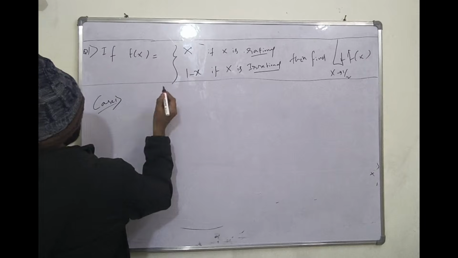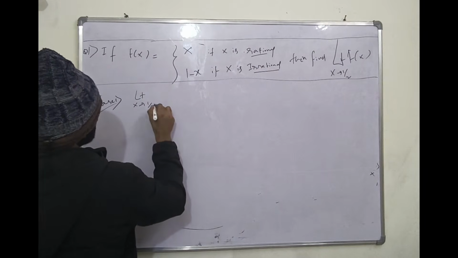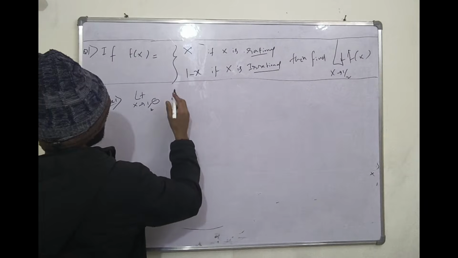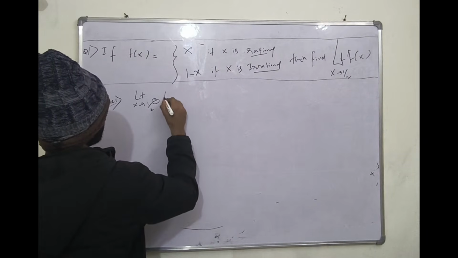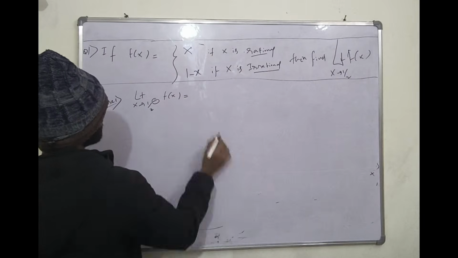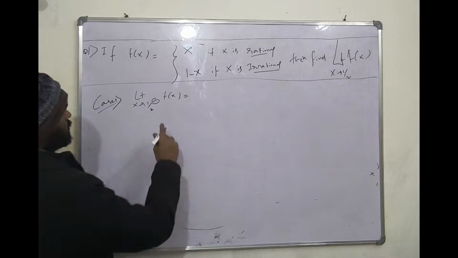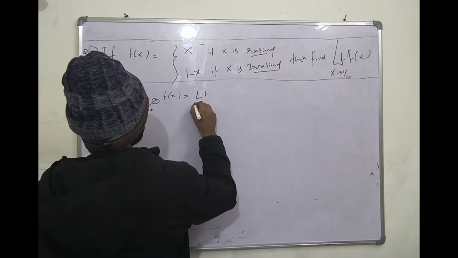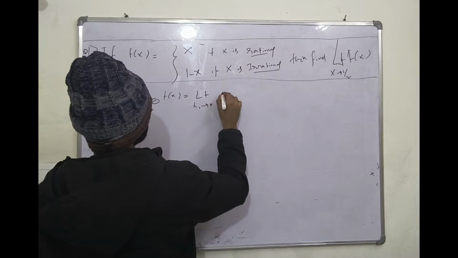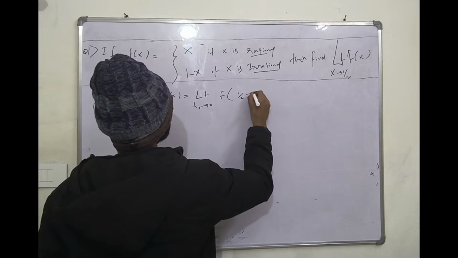We assumed limit x tends to 1 by 2 minus of f of x equals limit h1 tends to 0 of f of 1 by 2 minus h1.